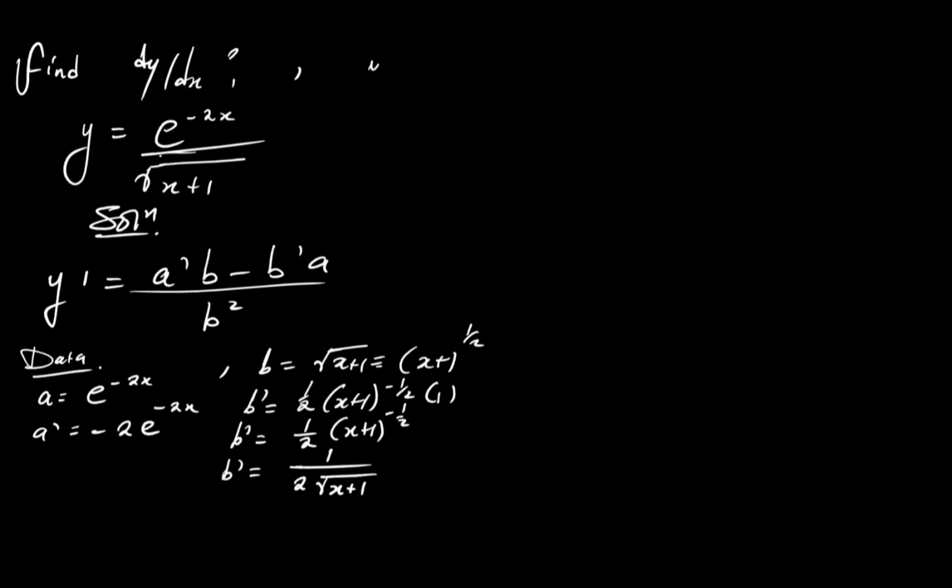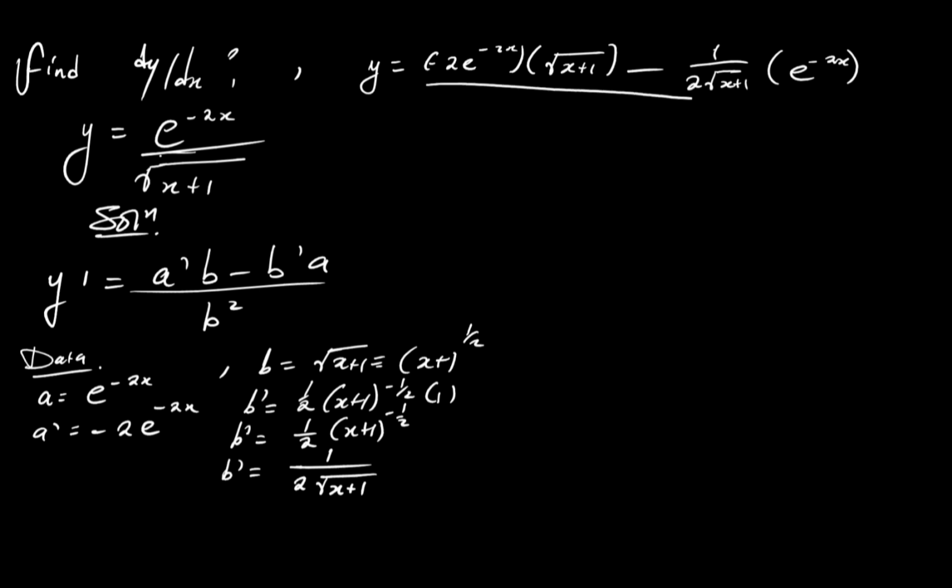So we have y prime being equal to a prime, which is minus 2e to the minus 2x, then times b, which means b is the root, so I use root values, root of x plus 1, that's b, then minus b prime, which is 1 over 2 root of x plus 1, then times a, of which a is what we have as e to the minus 2x, and all of this is over root of x plus 1 squared.